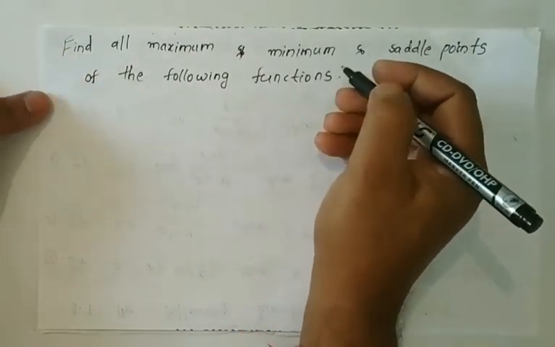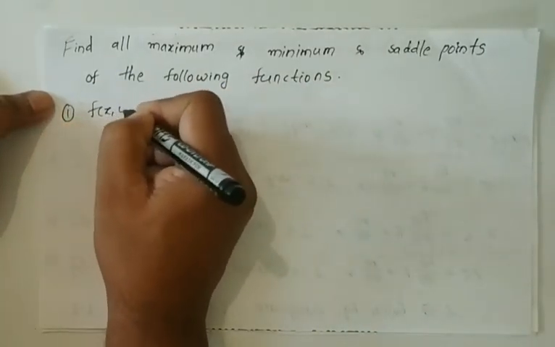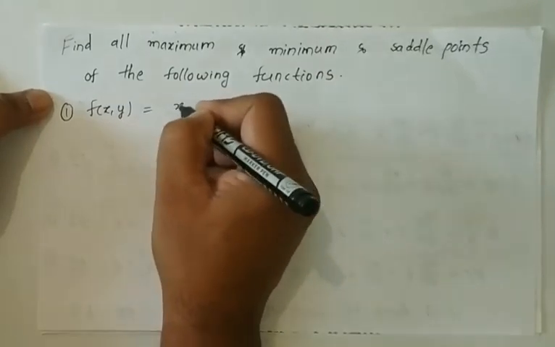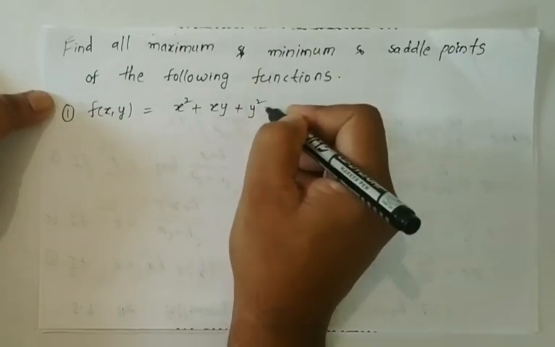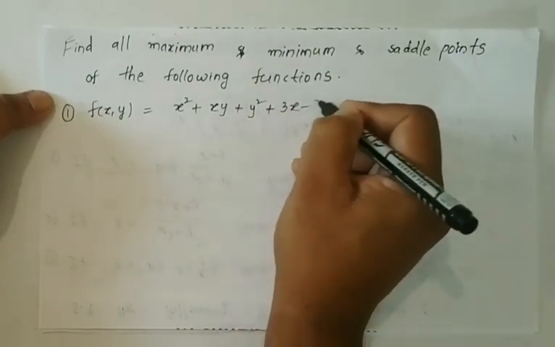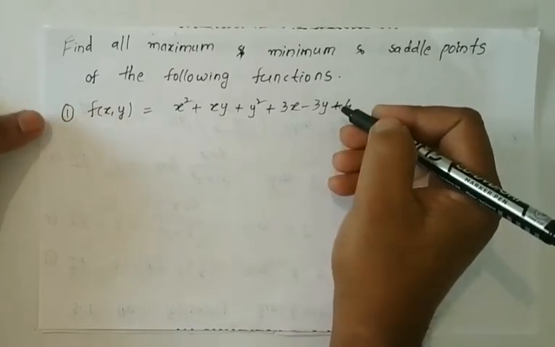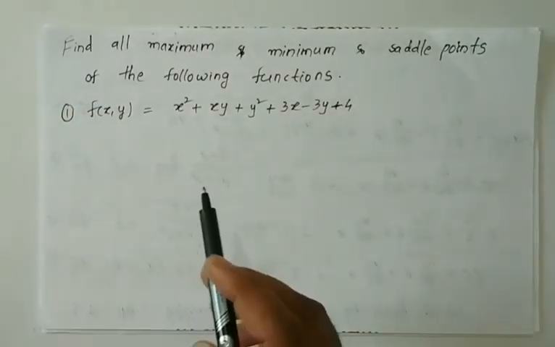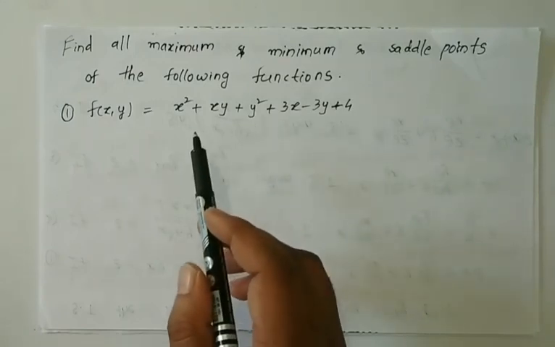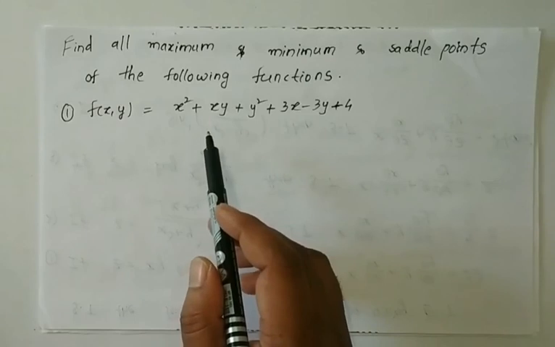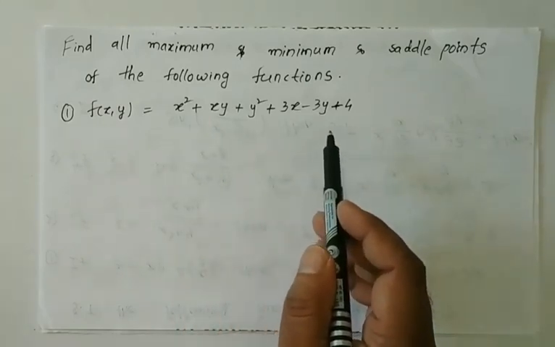Very simple problem. First one: f(x, y) is equal to x square plus xy plus y square plus 3x minus 3y plus 4.